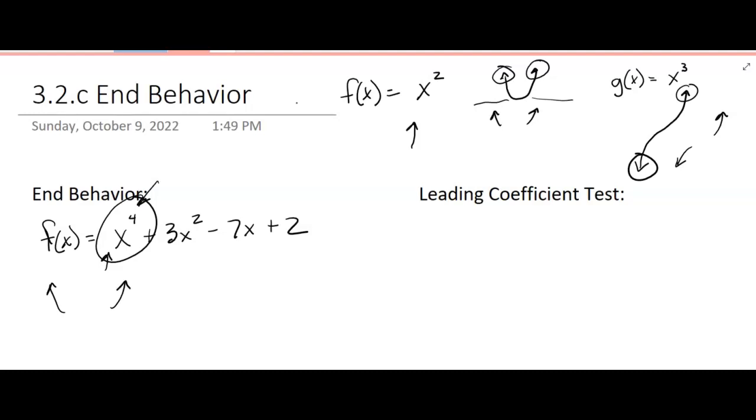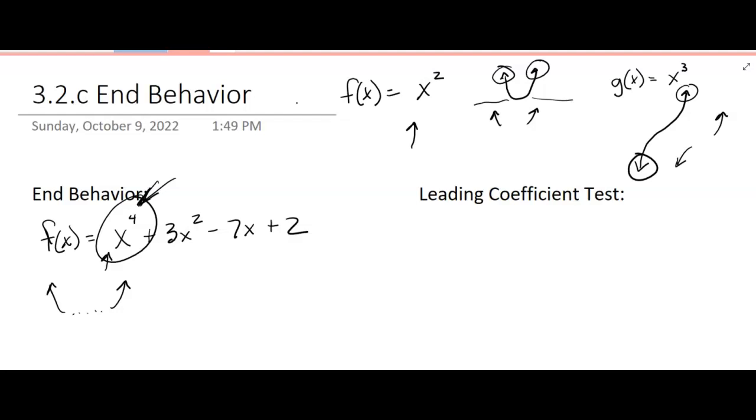As x values get larger, the output gets larger and larger. This term is the dominating factor because it has the highest exponent. We don't know exactly what's happening in the middle, but we're going to learn more about that. Right now, we're just talking about end behavior.